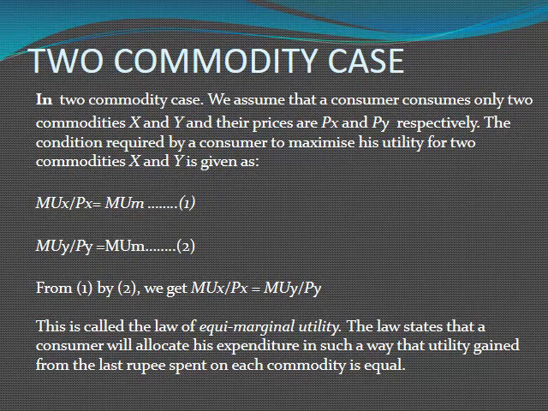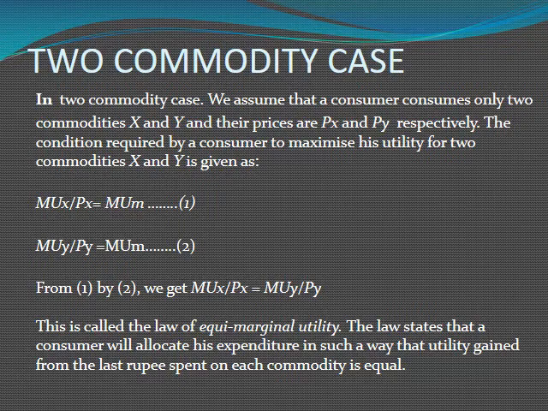Here for the first commodity X, same as we discussed in the one commodity case, the ratio of marginal utility of X divided by price of X is equal to marginal utility of money, and the marginal utility of money remains constant. And for the other commodity Y, marginal utility of Y divided by P of Y is equal to marginal utility of money.